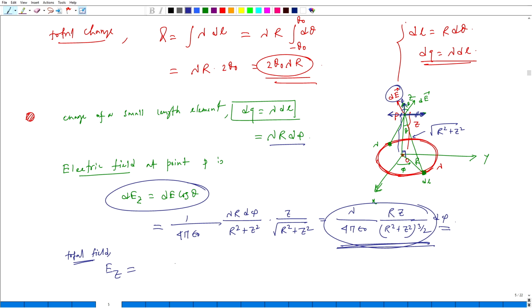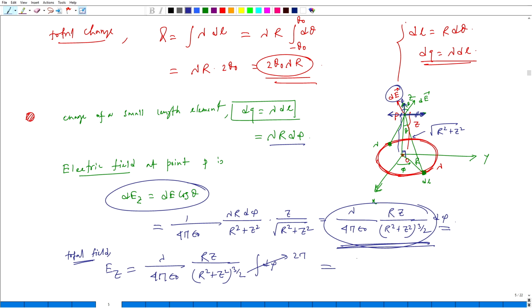So this becomes lambda over 4 pi epsilon naught times r z over r square plus z square to the power 3 by 2, and then the d phi integral gives 2 pi for the entire ring, since phi runs from 0 to 2 pi.